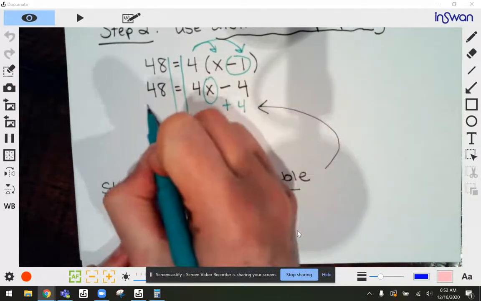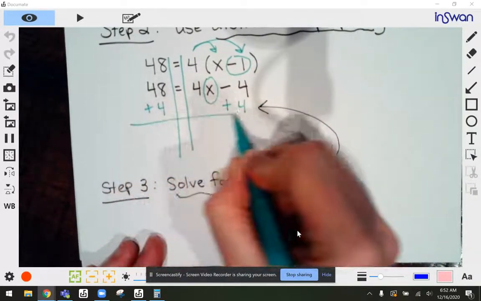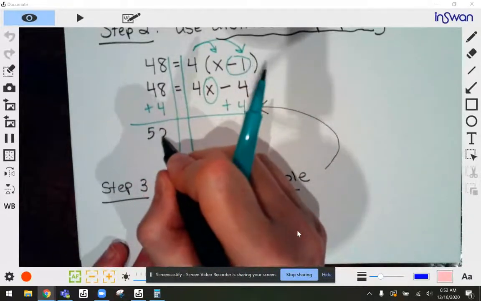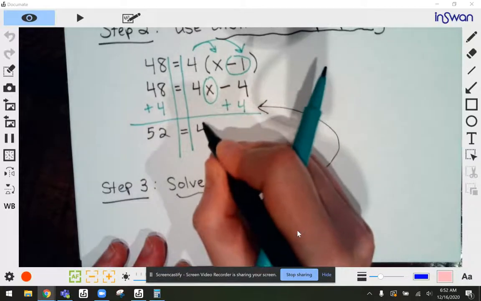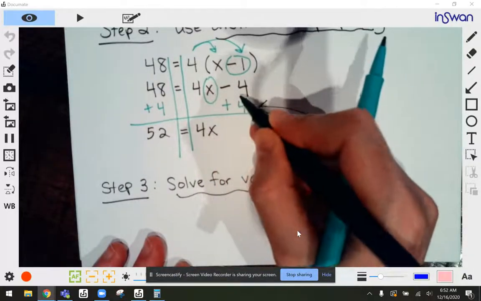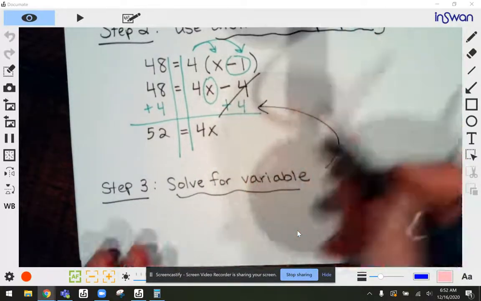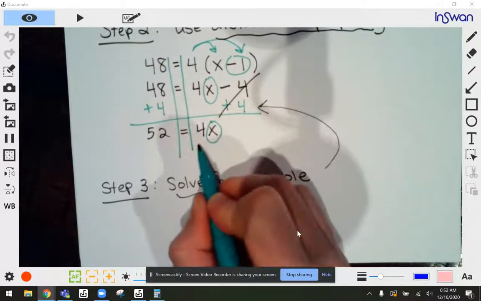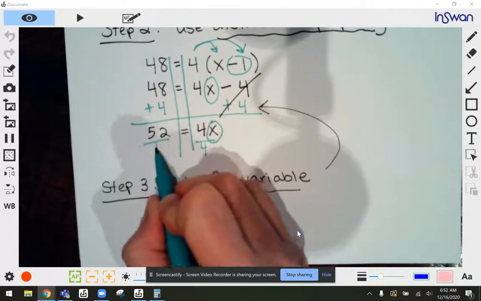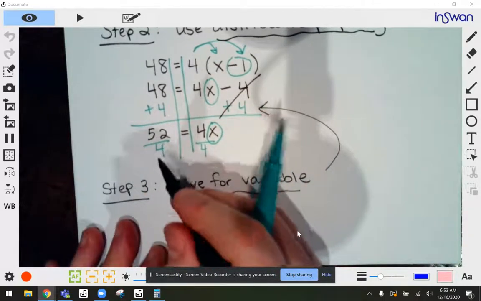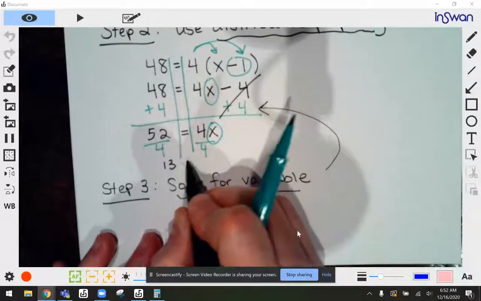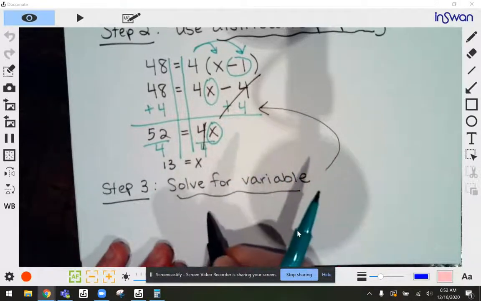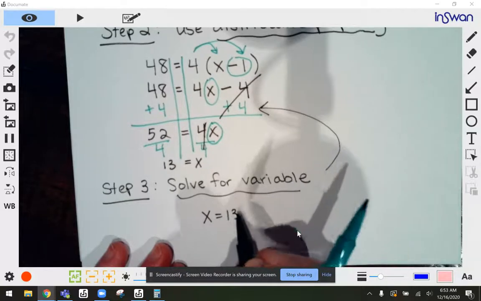So I'll add 4 to both sides. So 48 plus 4 is 52 equals 4x, and those would cancel. Okay. And then our final step to get x by itself would be to get rid of that 4 by dividing. So 52 divided by 4 is 13 equals x. Okay, so our final answer would be x equals 13.